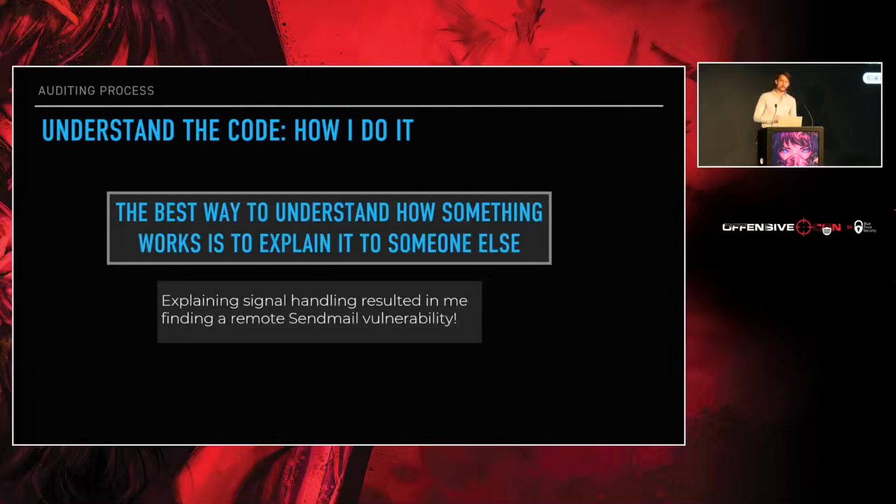But the process of writing that chapter, I started to think about interesting bugs that could occur from signal handling vulnerabilities. I was pretty familiar at the time with both OpenSSH and Sendmail, and I knew they both used signal handling, so I wanted to see if any of my ideas applied to those code bases.